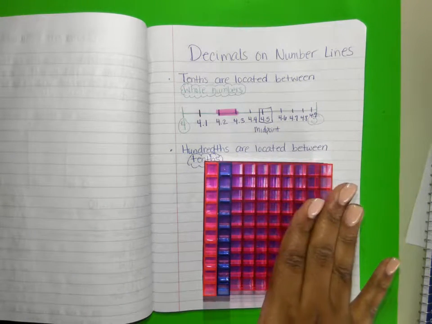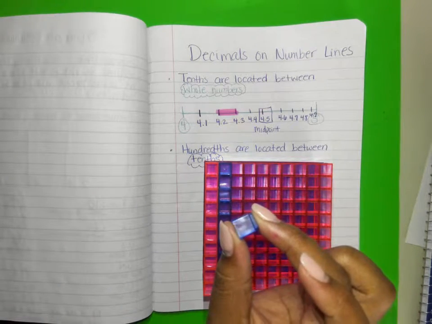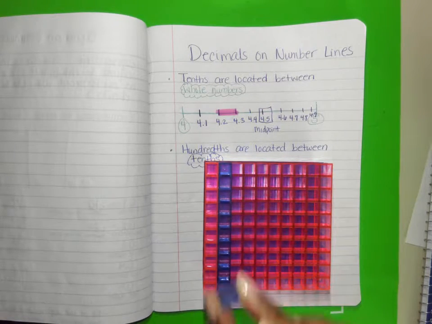So here I see 4 and 20 hundredths because I'm going to be using my hundredths to model, so I'm counting with my hundredths.